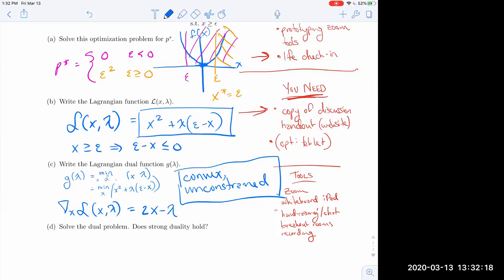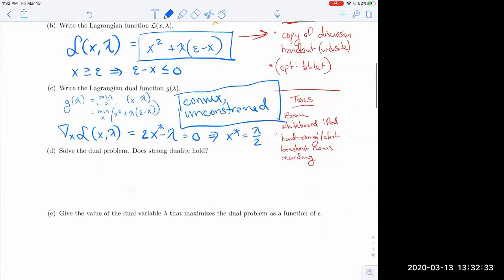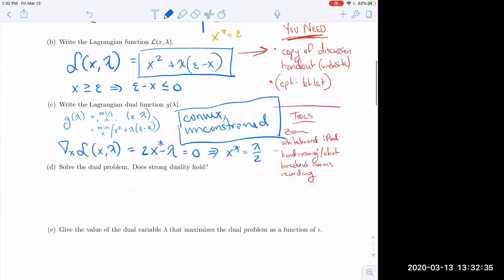Yes, equals 0. And this occurs at x star. So then we have x star is equal to lambda over 2. So when we, here, I will get rid of this section.